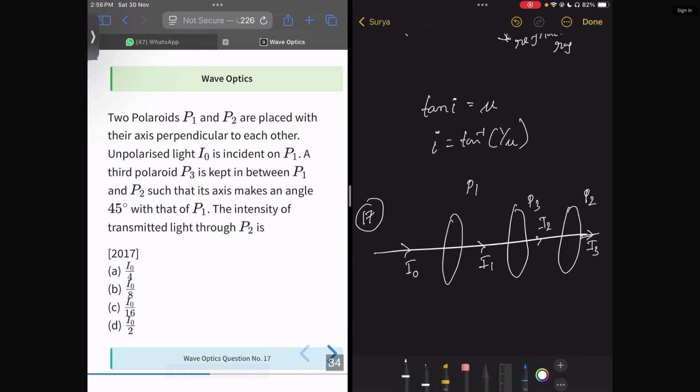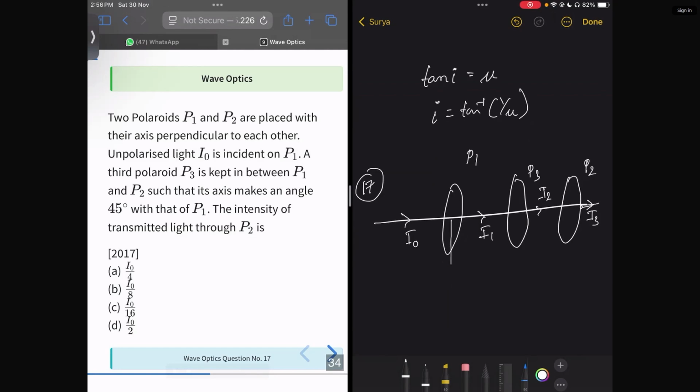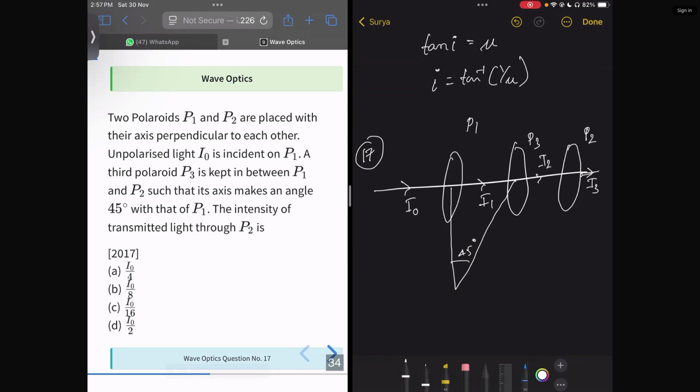So according to Malus law, it is at 45 degrees in between, right?